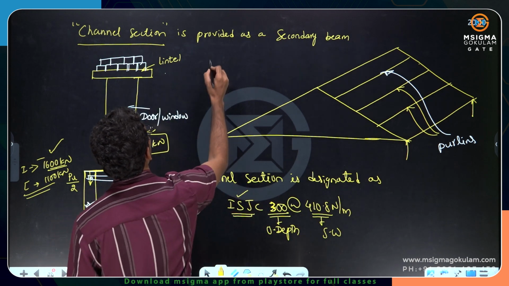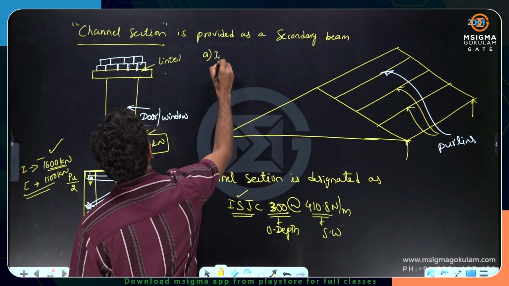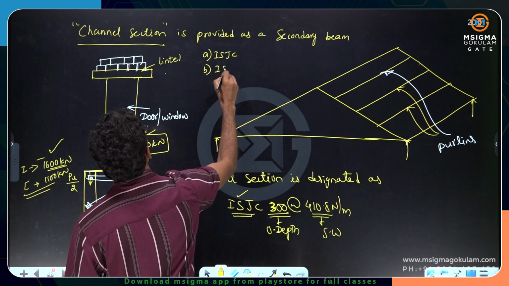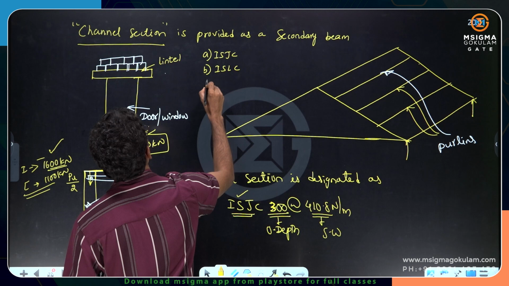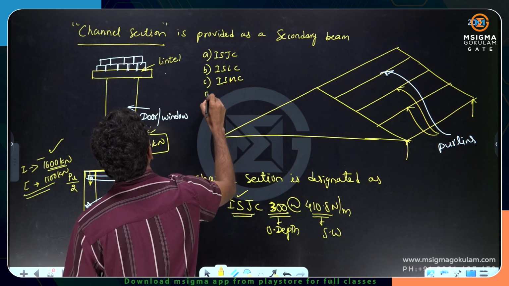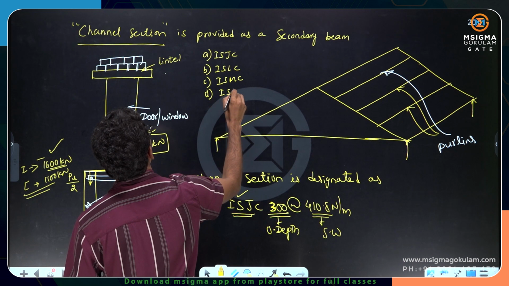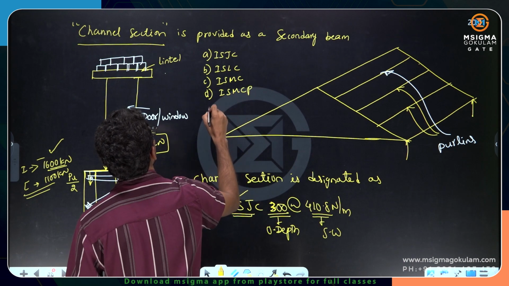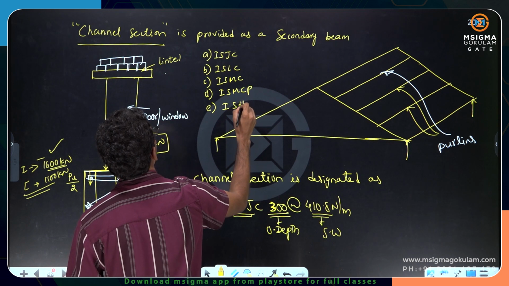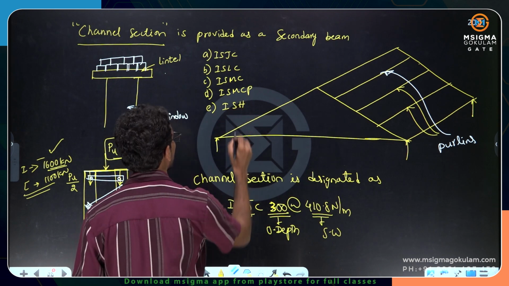Here also we have 5: Indian standard junior channel, Indian standard light channel, Indian standard medium channel, Indian standard medium channel with parallel flanges, and Indian standard gate channel.